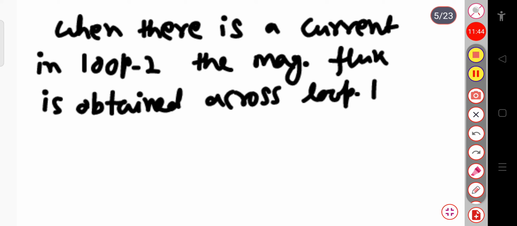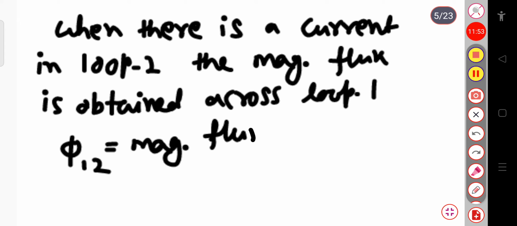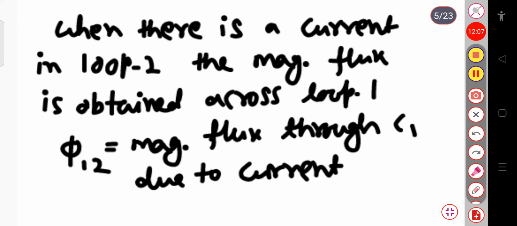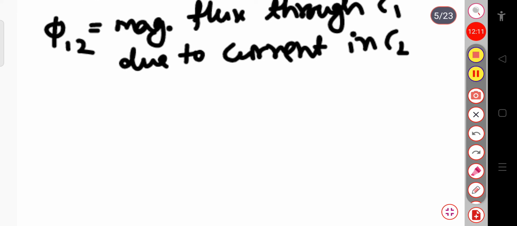This is phi 12, the magnetic flux through the loop C1 due to current in coil C2. So this is the value of phi 12.